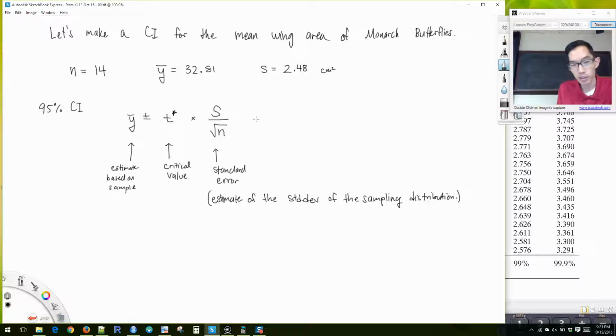Okay, so let's plug in the values that we can. And I think that's all of them. So 32.81 is our y bar, plus or minus t star. So what is the t star that I'm going to look up? I'm going to have 13 degrees of freedom and confidence of 95%.